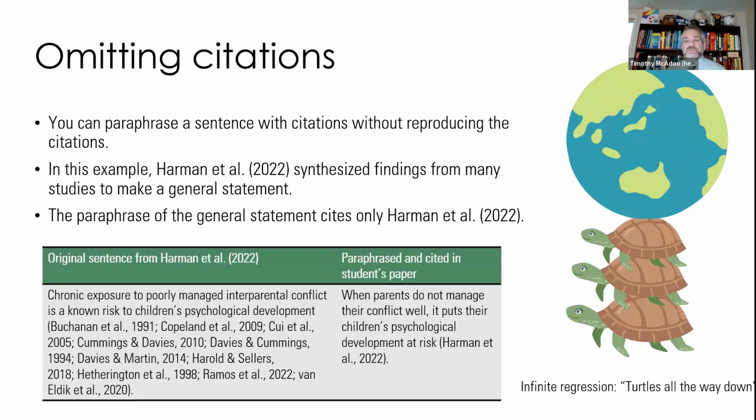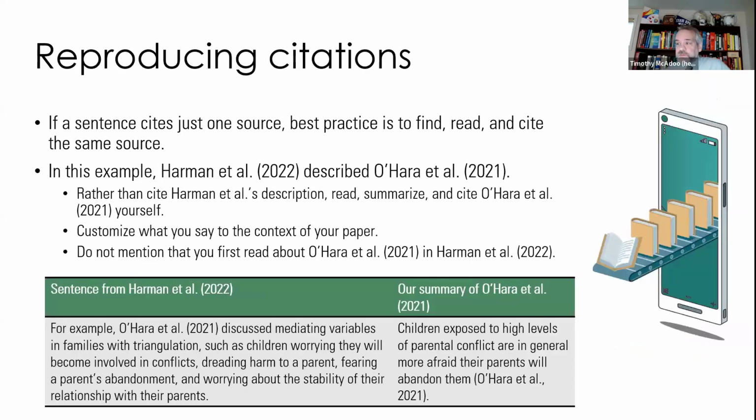And then the next reader, someone who's reading your paper, if they're interested in that, might go to your reference list, look up the Harmon et al. paper, and if they do, they'll see that supporting evidence. And if interested, they will go from there and read those.